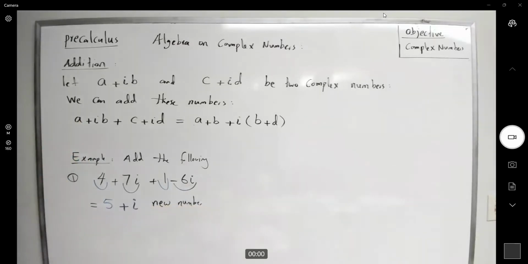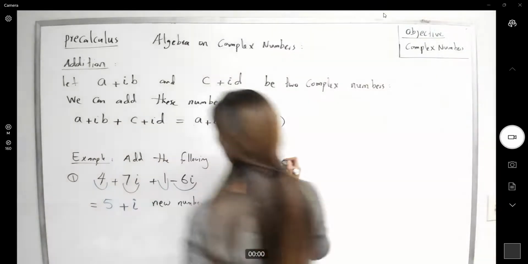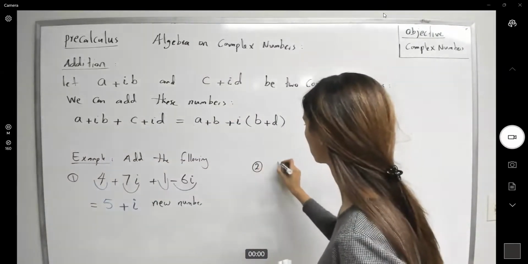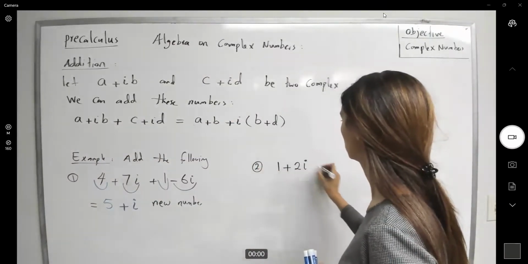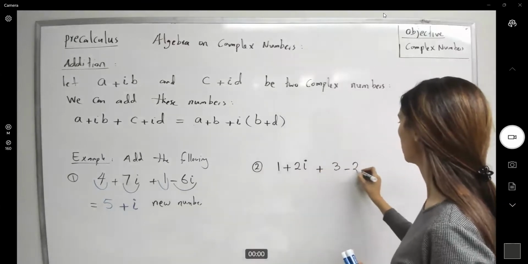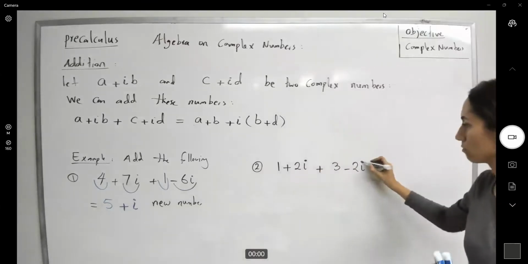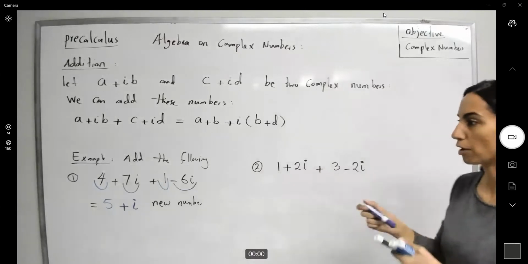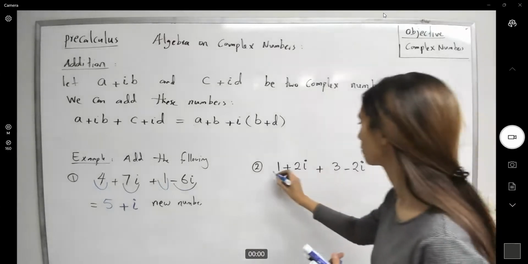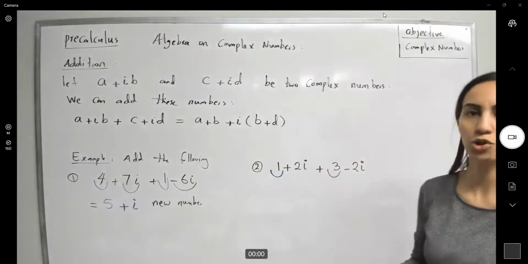Another one. Suppose we're interested in adding 1 plus 2i plus 3 minus 2i. Okay, real parts, 1 and 3, which is just 4.